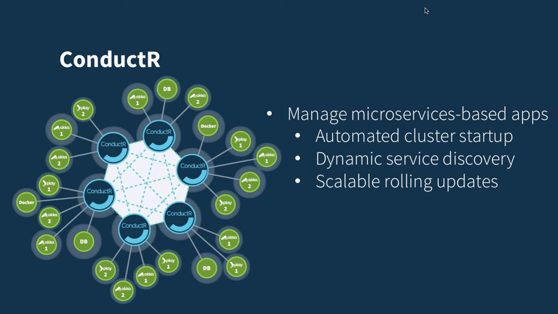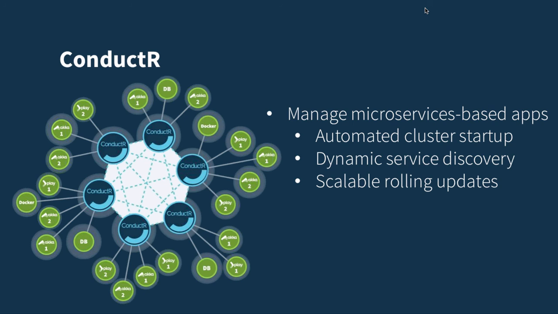In this particular case, if you had 6 nodes up and running and you had various applications out there running on them, if one of the nodes goes down, we have the ability to automatically bring up the instances of the application on the remaining nodes. And that way you have automated cluster startup, you have dynamic service discovery, so you don't have to worry about, do I have the ability to talk between these services? Because all of the proxying is taken care of for you.